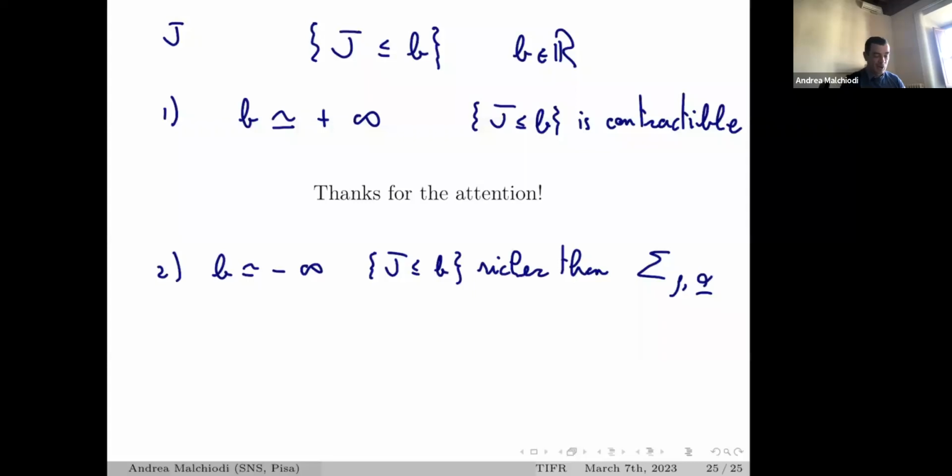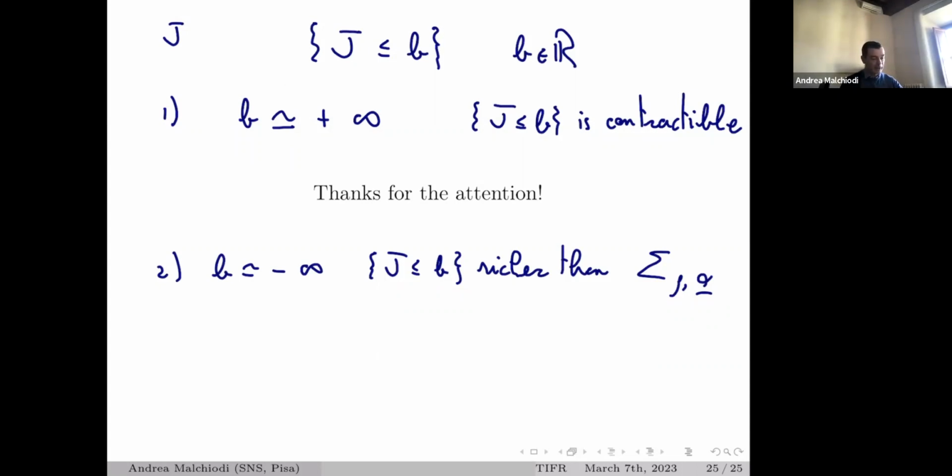So if this set is non-contractible, it means that this set is also non-contractible, and therefore you obtain two levels, one close to plus infinity and one close to minus infinity, for which you detect a change in topology. And then you argue pretty much as for the saddle.